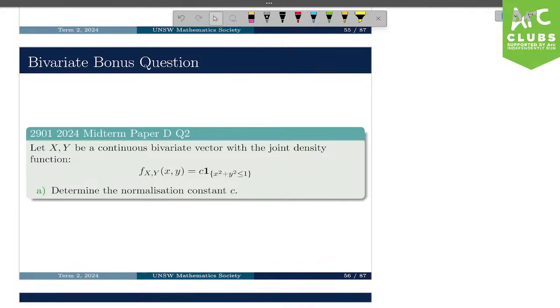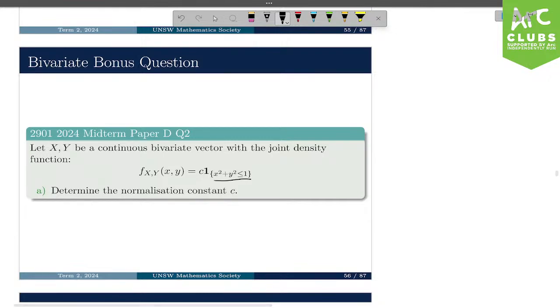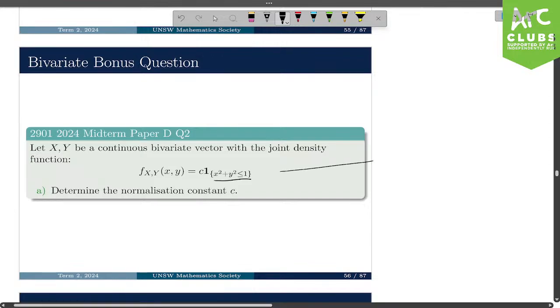So, first things first, we have a joint density function given as c times 1 if x and y are lying within a circle of radius 1, right? And so this lends to a lot of geometric concepts that we can just throw at this.